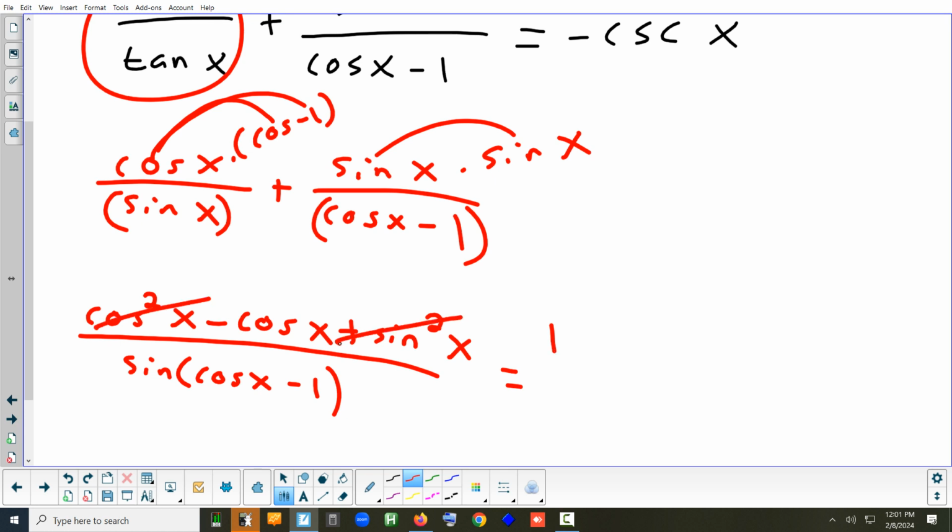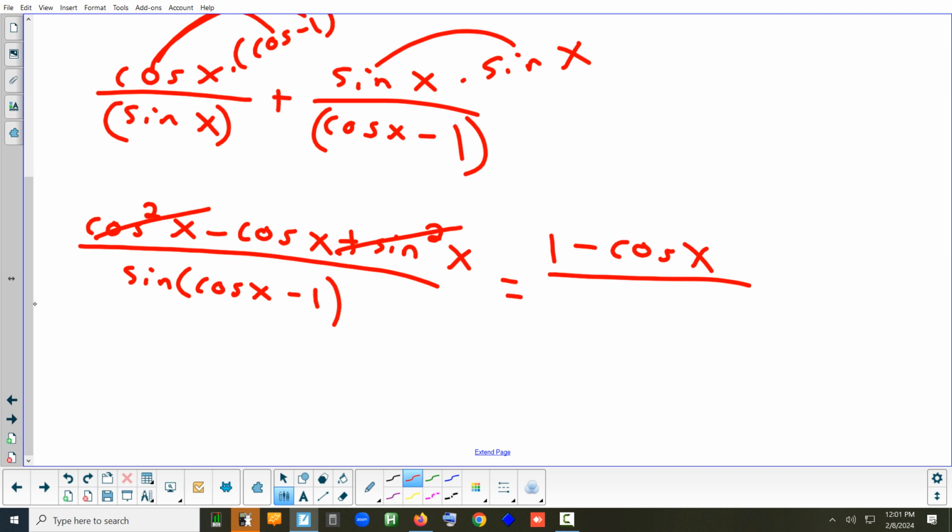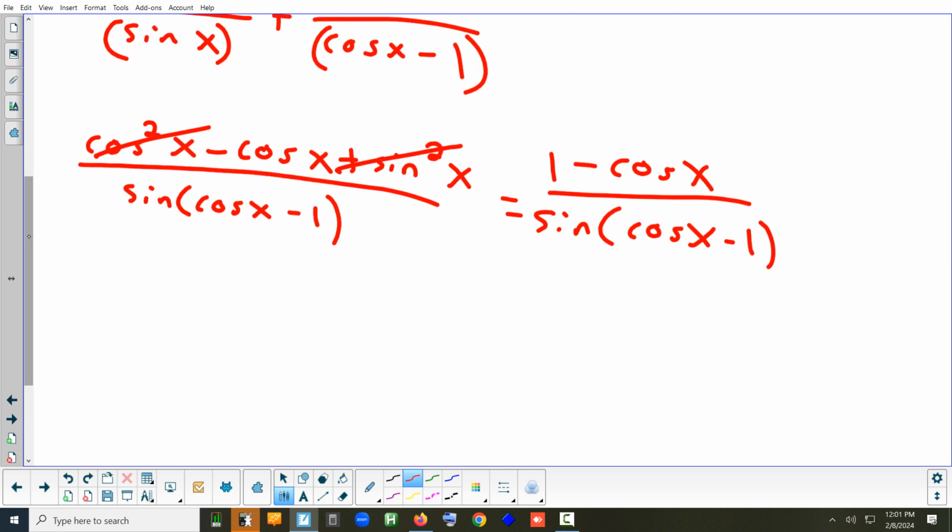So that's 1. You still have negative cosine. And in the bottom, you have a sine times cosine minus 1. Is there anything in the top and the bottom that looks a little similar? Cosine minus 1.